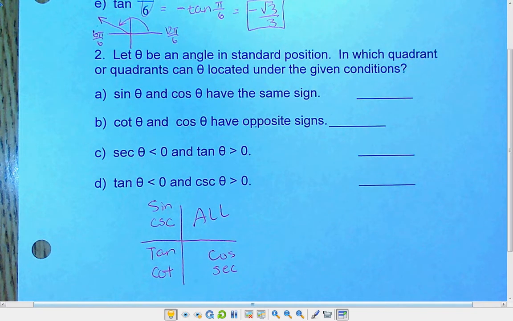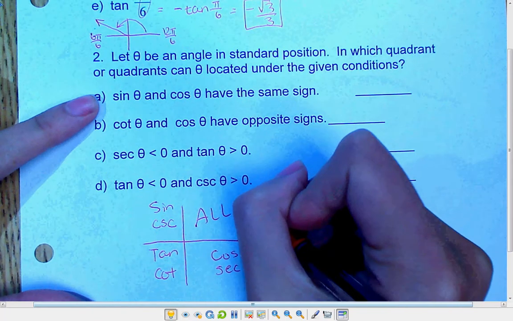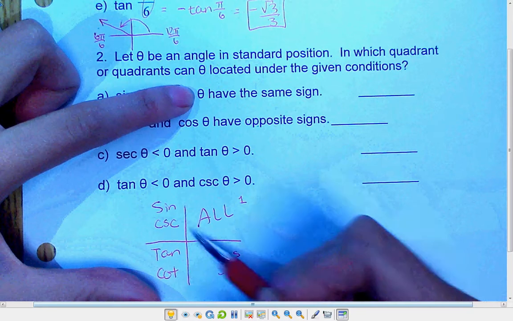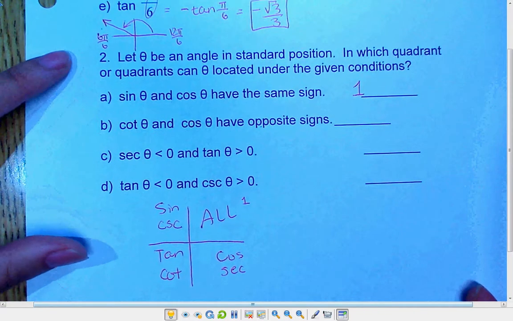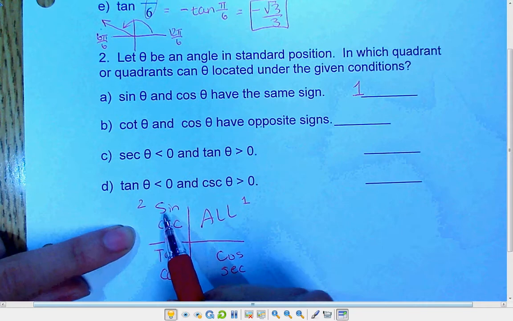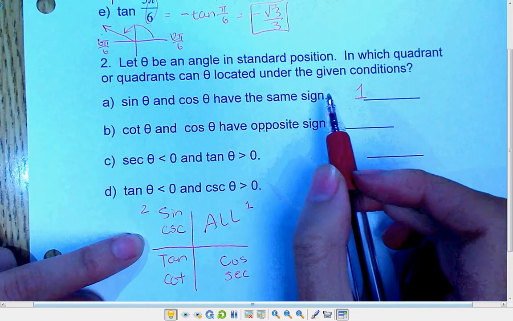We're looking for when sine and cosine have the same sign. Which quadrants do sine and cosine have the same sign? So in quadrant number 1, sine is positive and cosine is positive because they're all positive. So quadrant 1, sine and cosine have the same sign. In quadrant 2, sine is positive, but cosine is negative because it's not here, so they don't have the same sign.